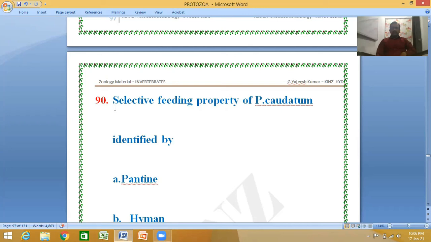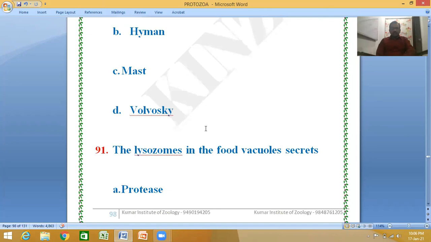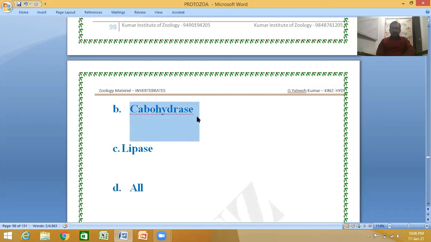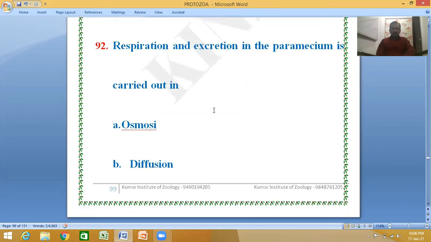Selective feeding property of Paramecium caudatum is identified by option C. The lysosomes in the food vacuole secrete protease, carbohydrase and lipase. All three enzymes are secreted by lysosomes.